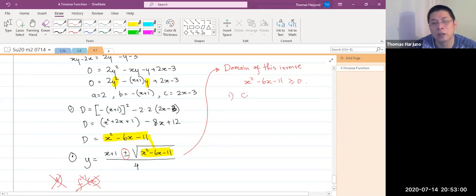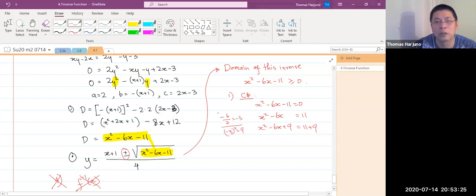Step 1, critical numbers. X squared minus 6x minus 11 equals 0. Let me do completing the square. Plus 9 both sides. If you ask me why we add 9, negative 6 divided by 2 is negative 3, and whatever the quotient is, we square it, and we get that 9.